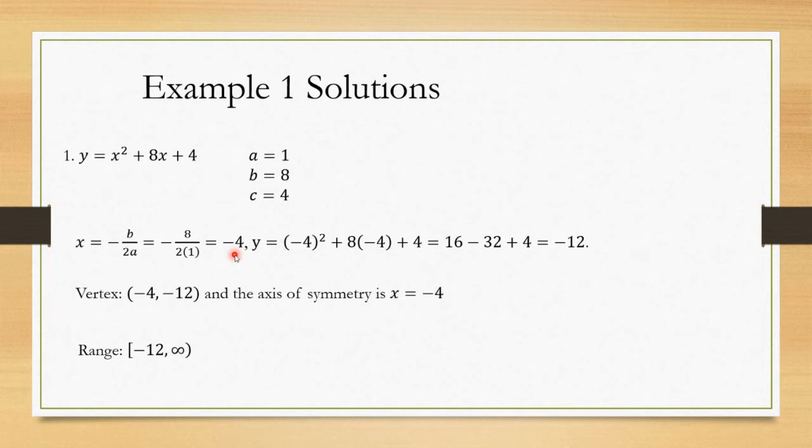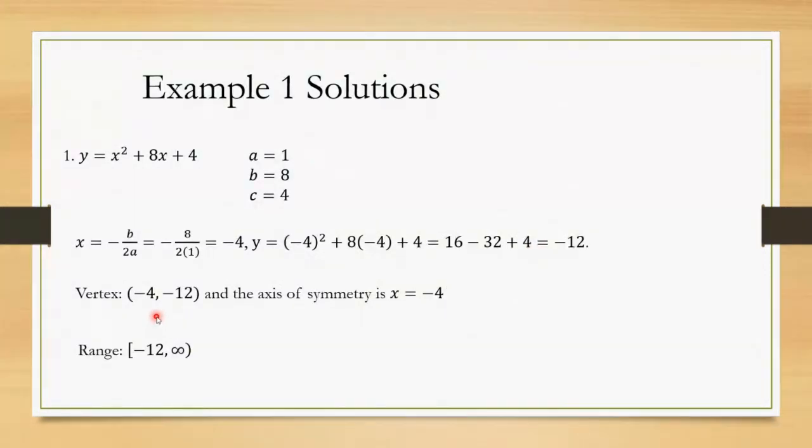And so from here, we have the x coordinate now. Now we have to get the y coordinate. We can use the equation for that. y equals minus 4 squared plus 8 times minus 4 plus 4. And you can see that turns out to be minus 12.